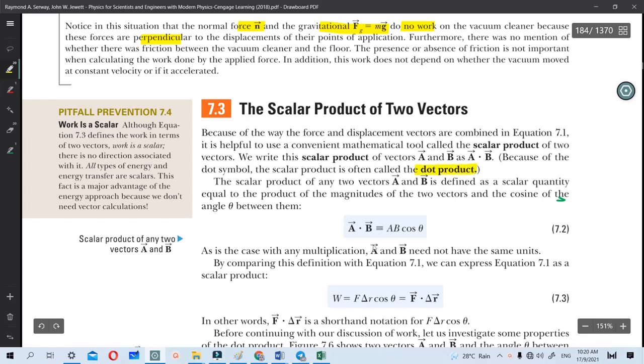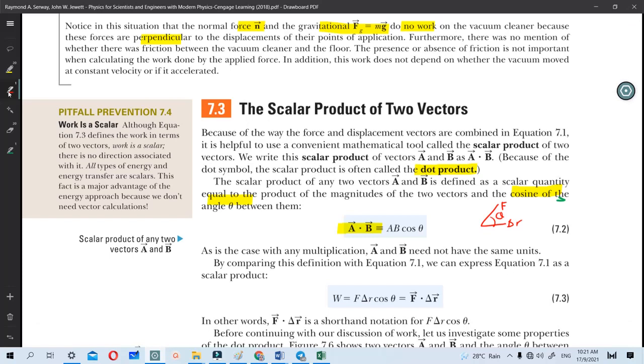Now a dot product, you have seen earlier that when we do the calculation of work, it turns out to be F times R cos theta, so that they are parallel with one another and the angle of cos is between them. Another way to note it, so that you remember: F, delta R, and the angle must be in between them, and therefore it turns out to be cos theta, so that they are parallel.